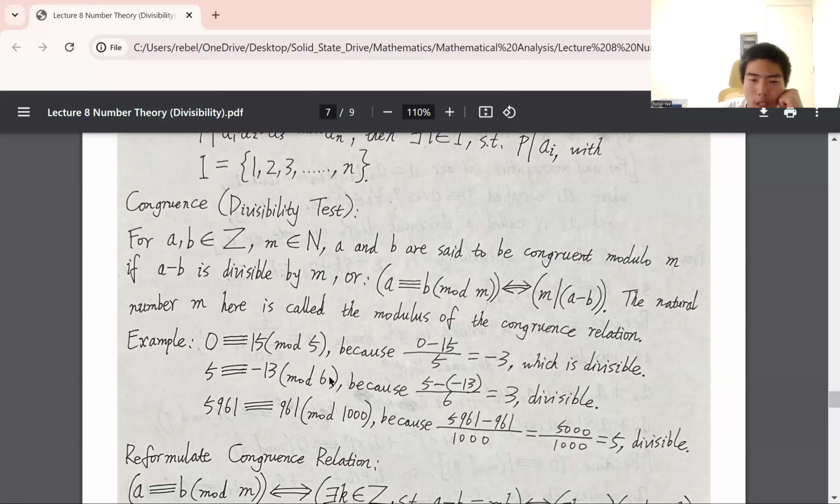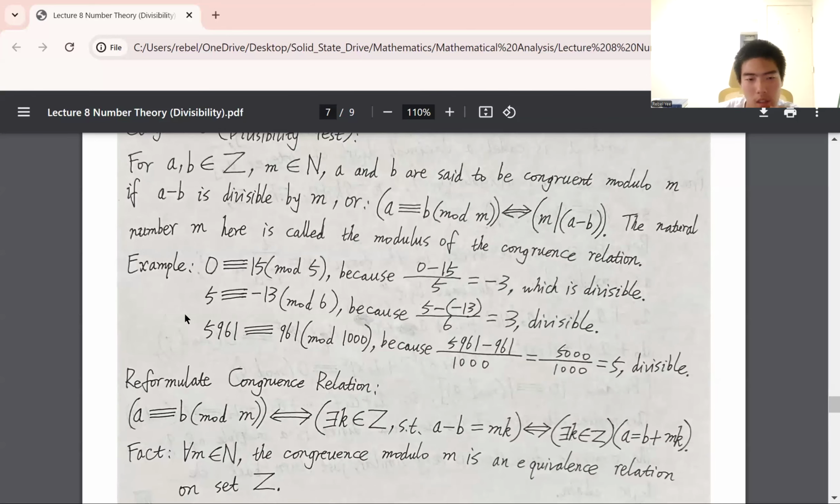So these three examples give us a clue of what the congruence relation means.